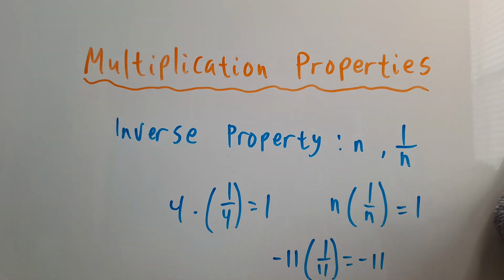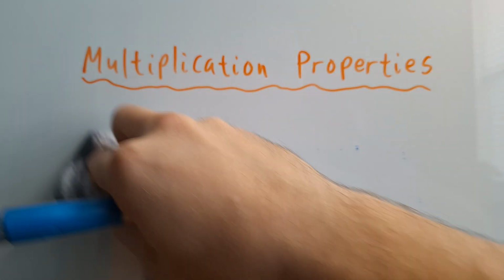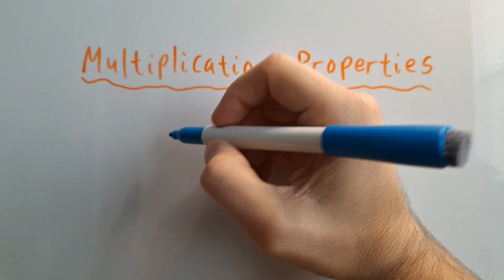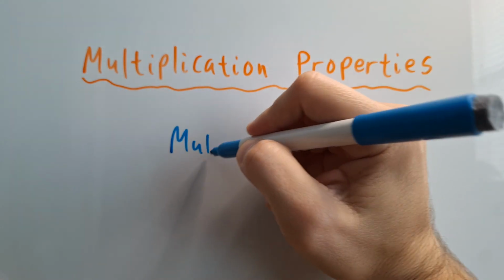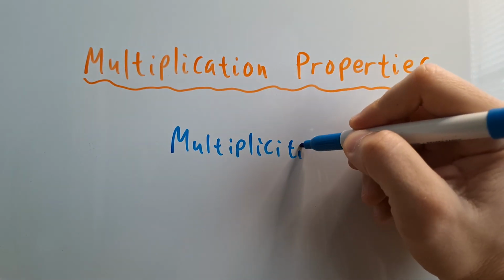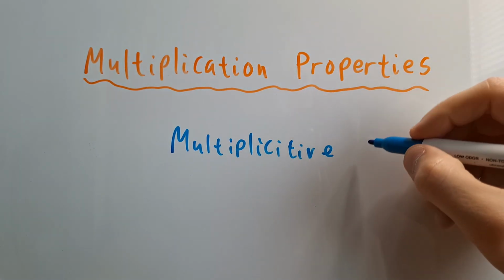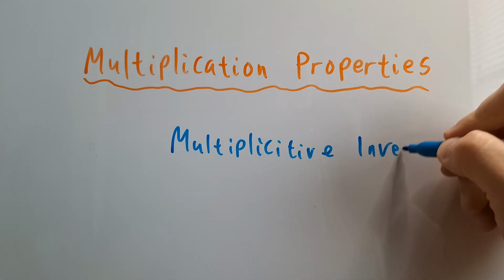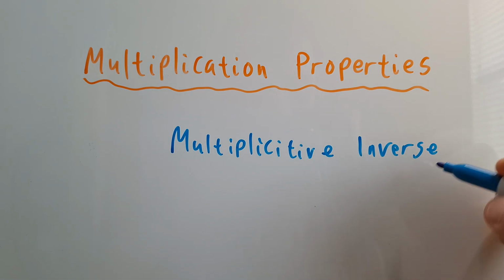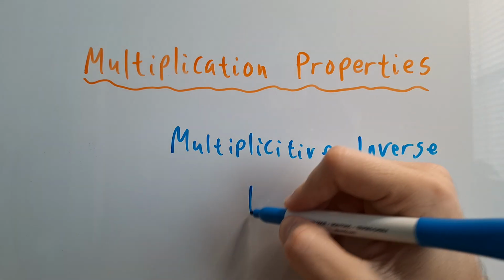So I mentioned in this property about something called a multiplicative inverse. I'm going to spell that out for you. So multiplicative inverse. If you want to say the alternative name for this, it's also known as a reciprocal.